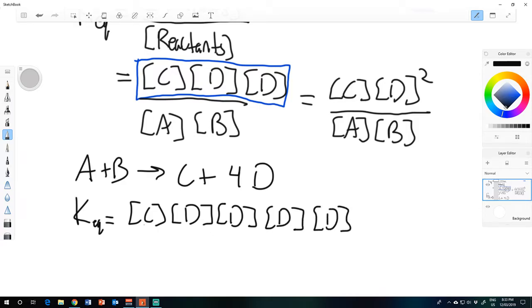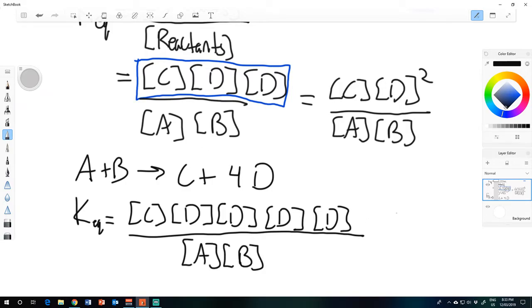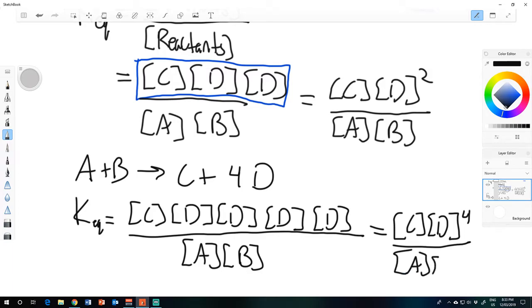But we always just end up simplifying that to just D to the 4th power. Okay, so this ends up just being C, and this ends up being D to the 4th power all over top of A and B.